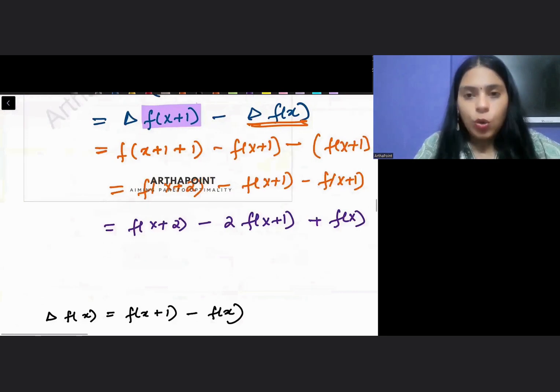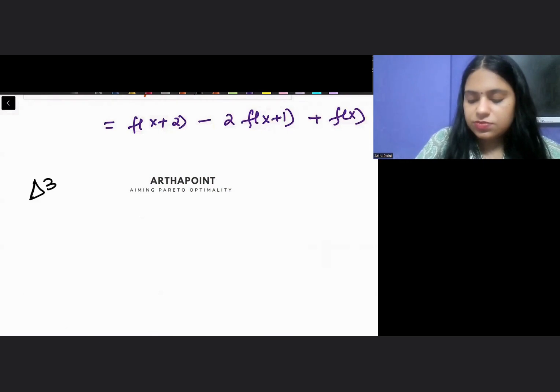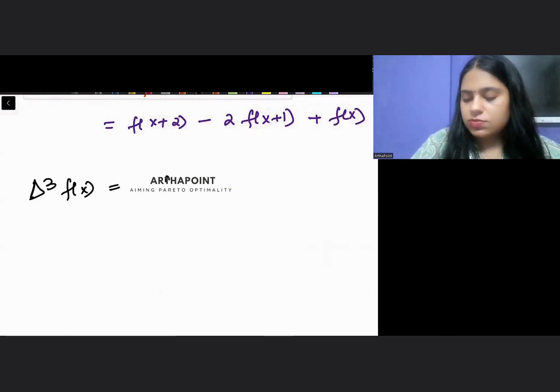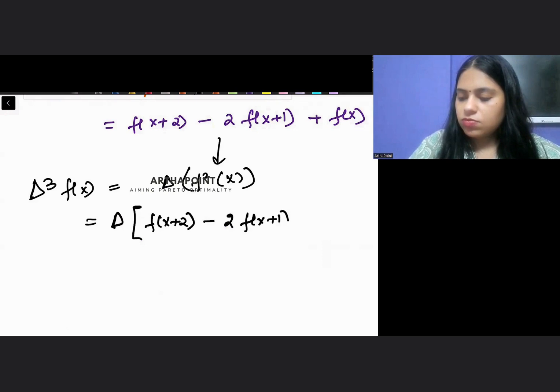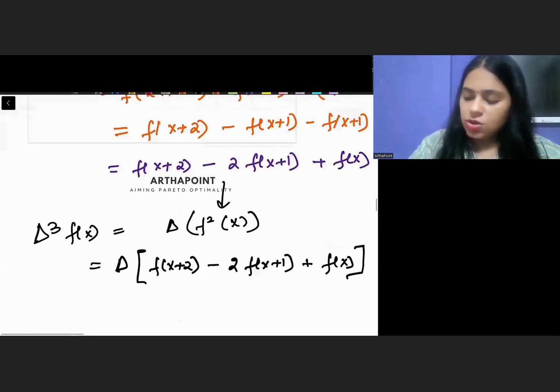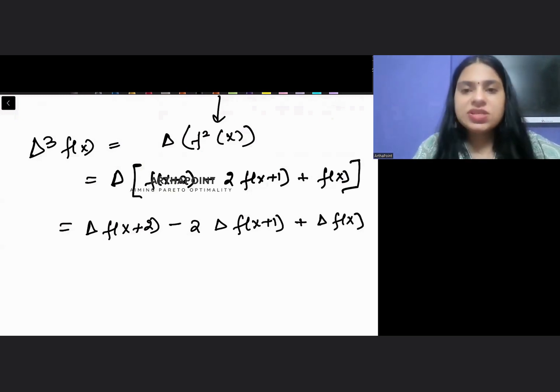This. Okay. Now let's find the third derivative for once. So I will put the second derivative from here. Right? So what will I get? Right?